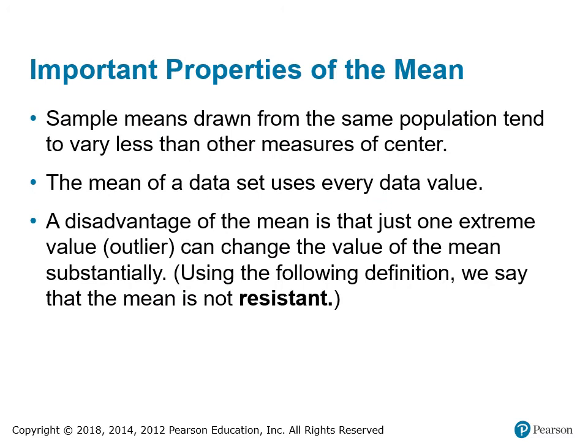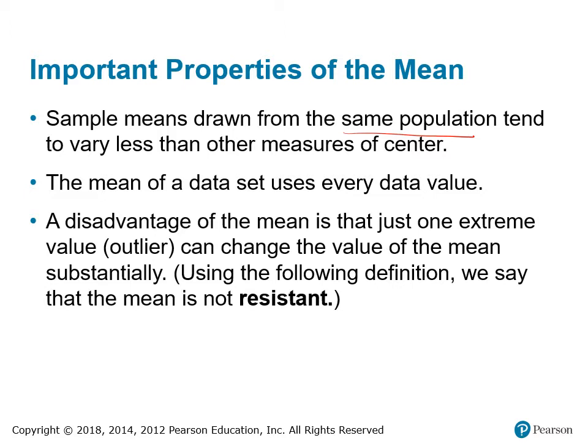Some important properties about the mean. One, the sample means from the same population tend to vary less than other measures of center. So if you take a bunch of different samples from a single population, say 5 different samples, and in each sample you calculate the mean, what you'll find is that those sample means won't vary a whole lot.